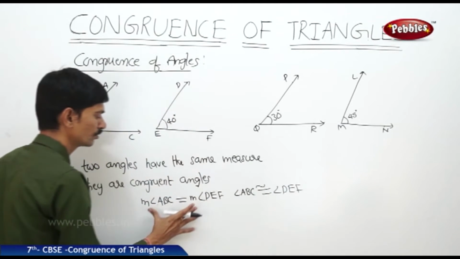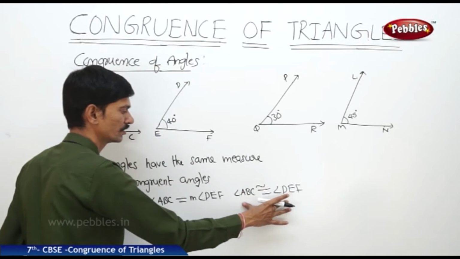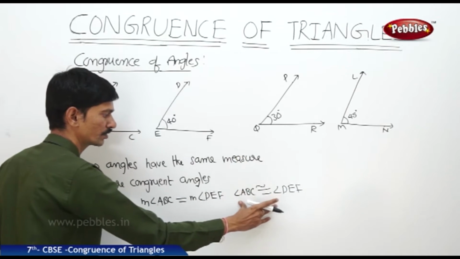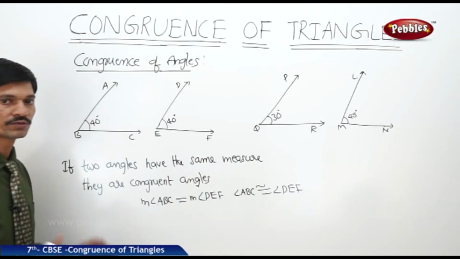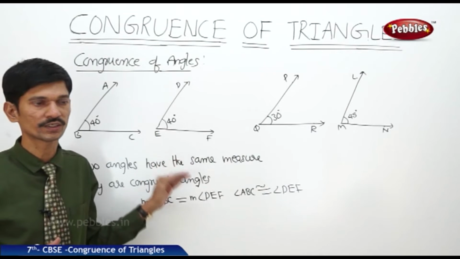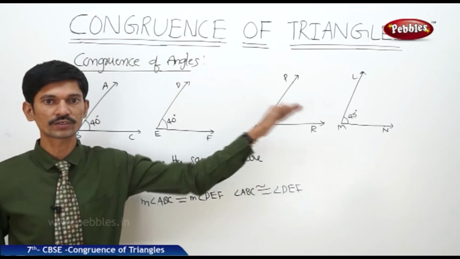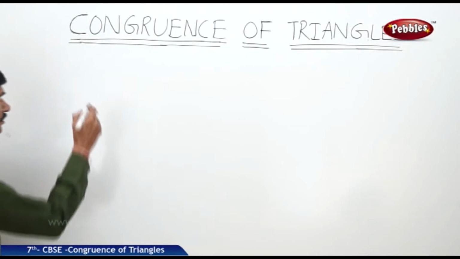So if the two angles have the same measure, then the two angles are said to be congruent. Or if the two angles are congruent, then the two angles have the same measure. So the two angles are congruent if they have the same measure. Otherwise, they are not congruent. Now let us see the congruence of triangles.